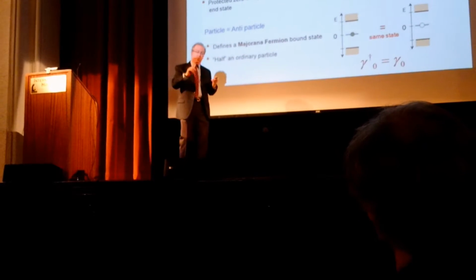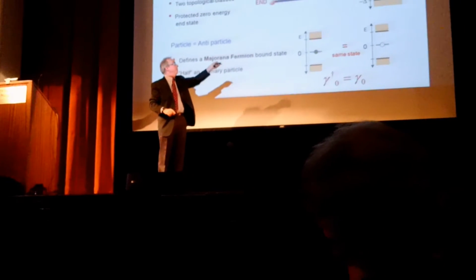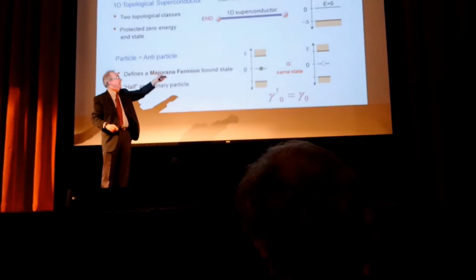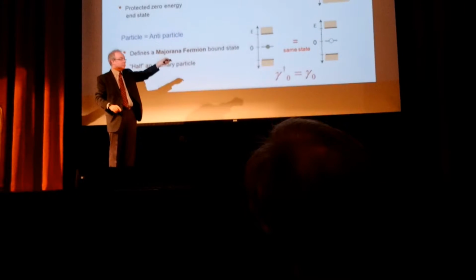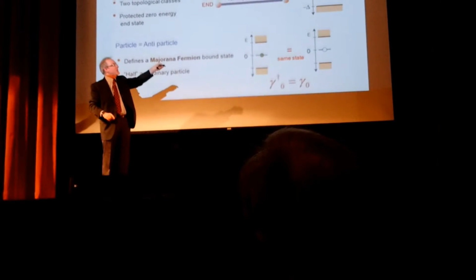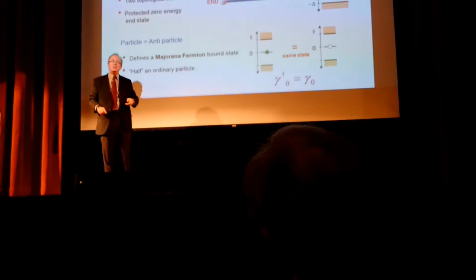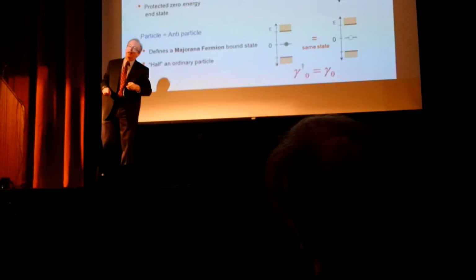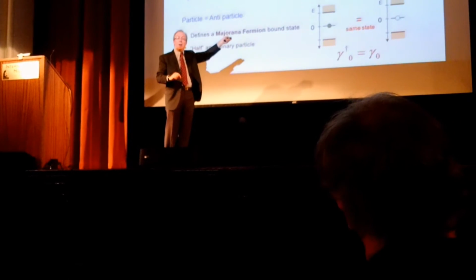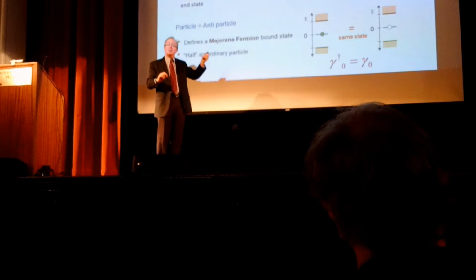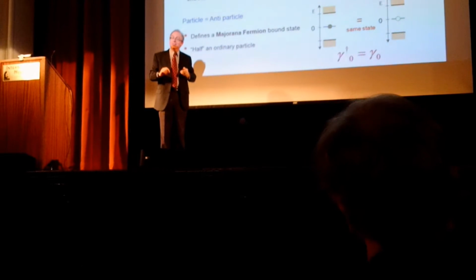But the thing we know is that if I have a state at positive energy, it has to have a partner at negative energy, unless there's a state at exactly zero energy, and that state could be its own partner. Now, if you have this state at zero energy, there's no way you can get rid of it.